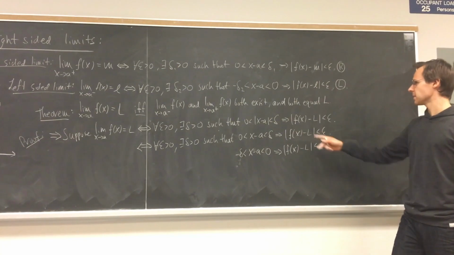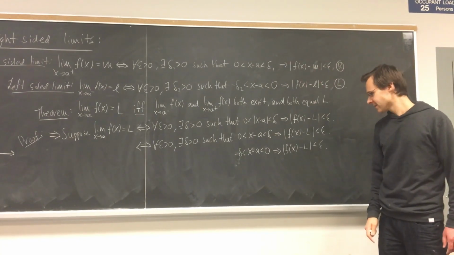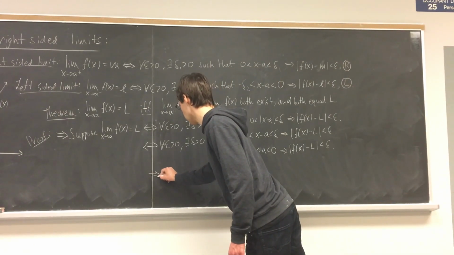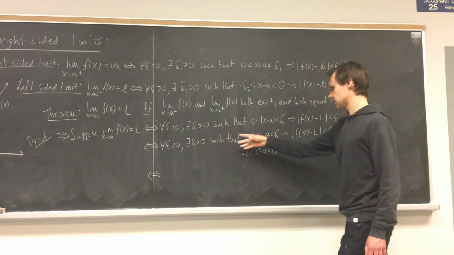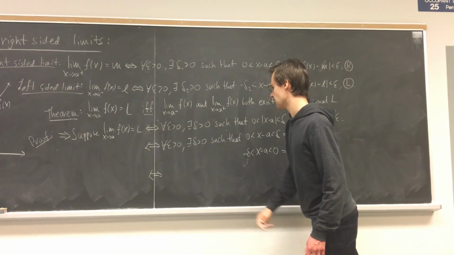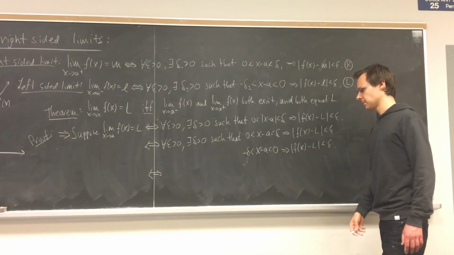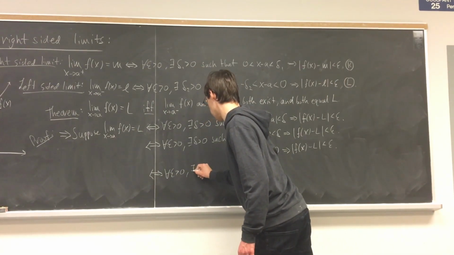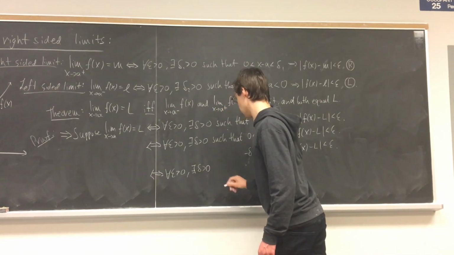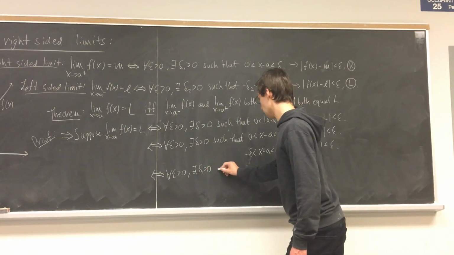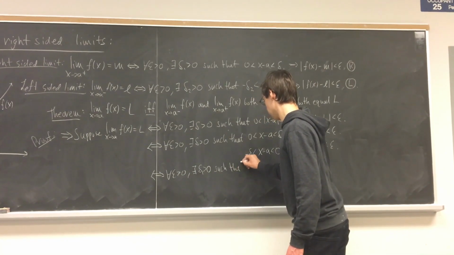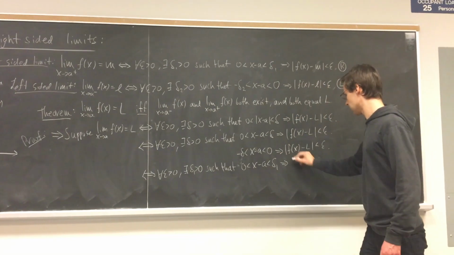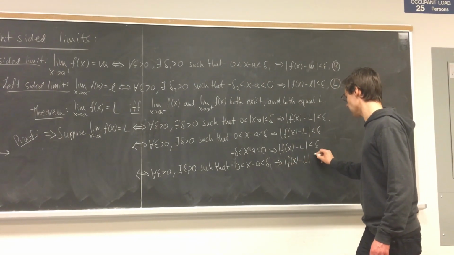Now, each of these two statements look a lot like these implications, right? Almost exactly that way. So, what we know now is, well, we can split this single for all epsilon statement, there exists a delta, into two such statements. Okay, so this is true if and only if for all epsilon greater than 0, there exists a delta greater than 0, delta 1, let's say, such that 0 less than x minus a less than delta 1 implies absolute value of f of x minus L is less than epsilon.